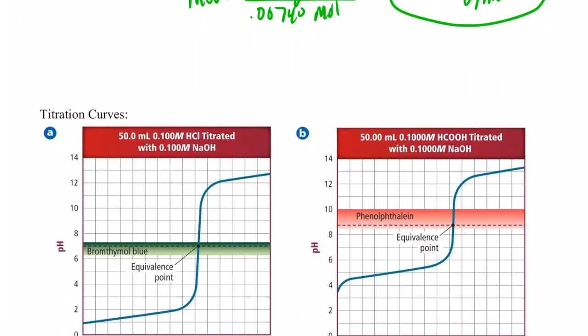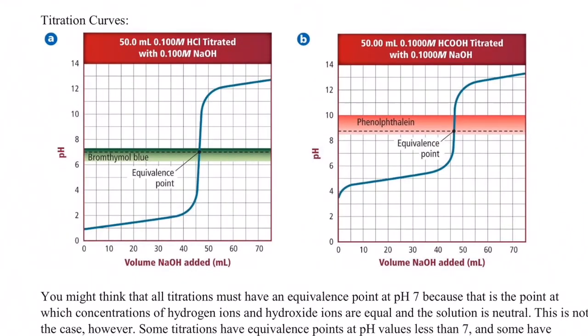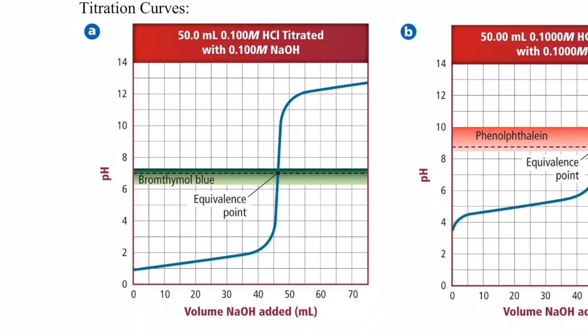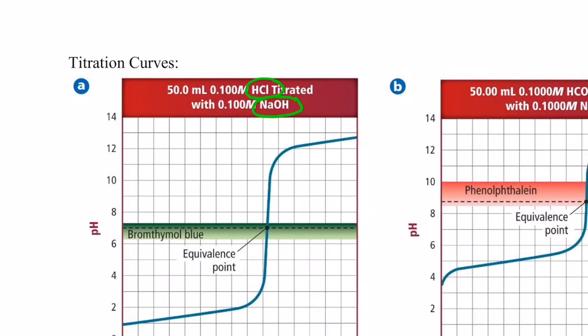All right, just a note about something called titration curves. In this first image here, we have a titration curve for a strong acid, HCl, with a strong base, sodium hydroxide. Now, when a strong acid and strong base react with each other, remember the net ionic equation is H plus and OH minus makes water.